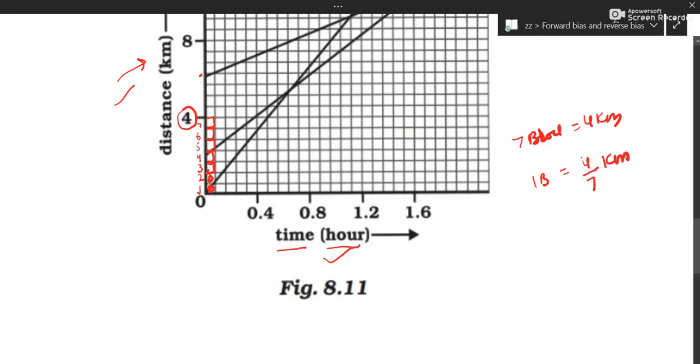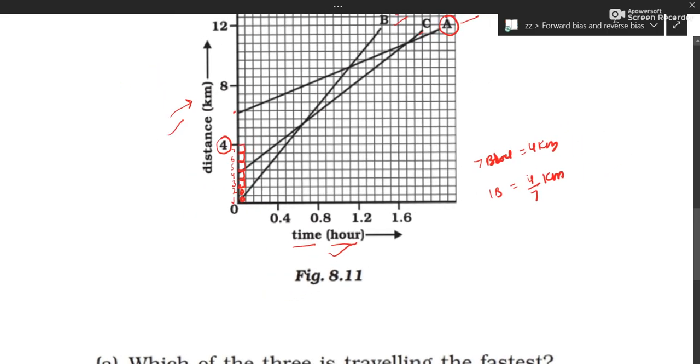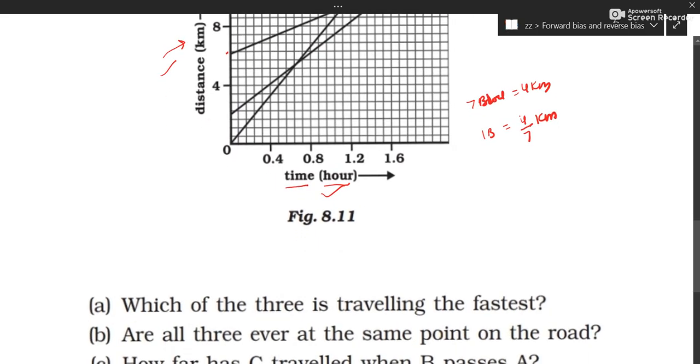This you will keep in mind. Okay. Let us see what is the first part of the question. Which of the three is traveling the fastest? So we know slope of distance time graph gives the speed.